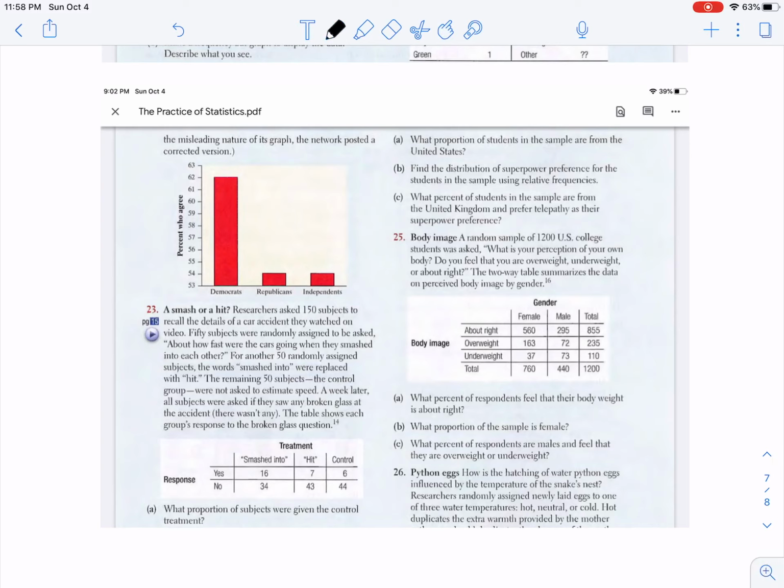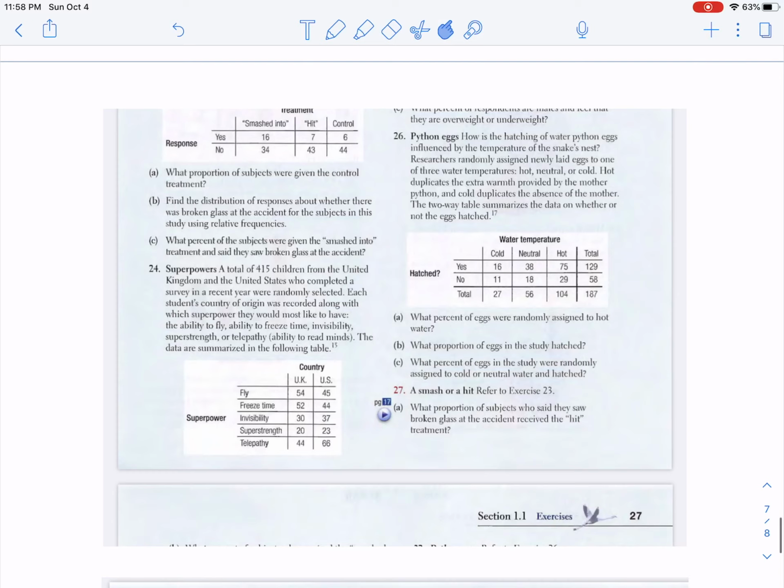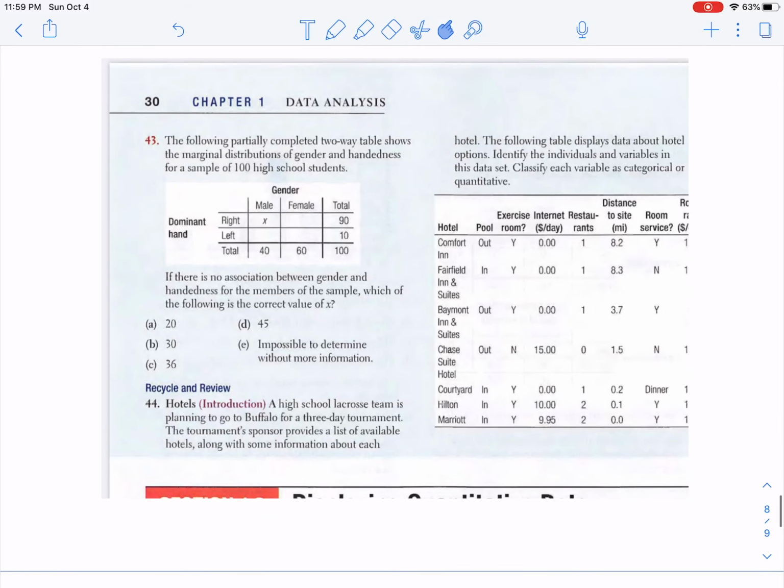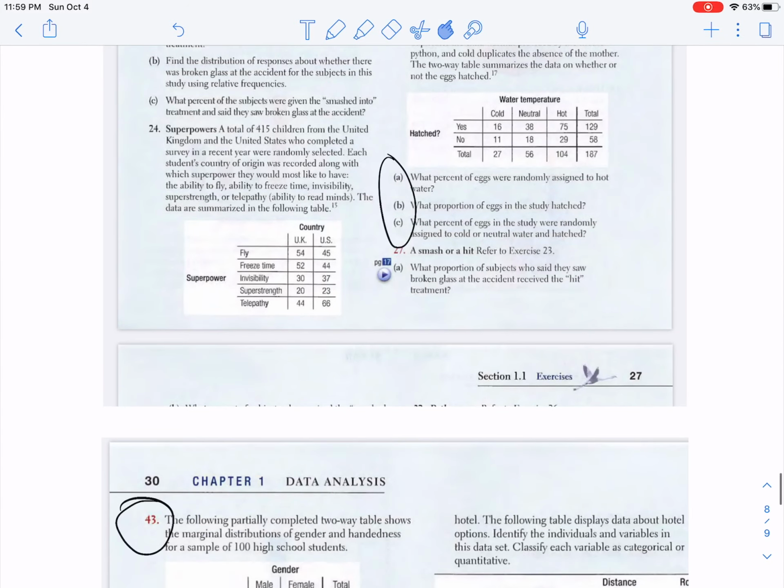Here I want you to do 25, A through C. Here I want you to do 26, A through C. And here I want you to try 43. Now 43 is a tricky question, but do your best. So, gentlemen, I'll see you when I see you.